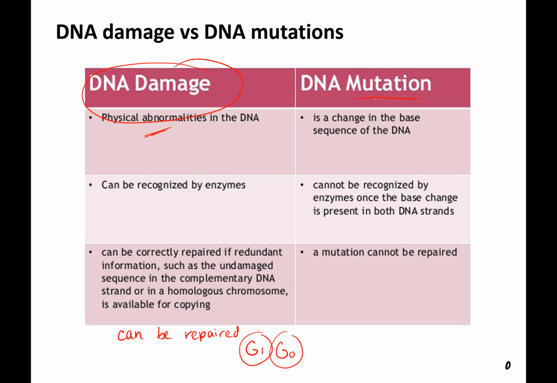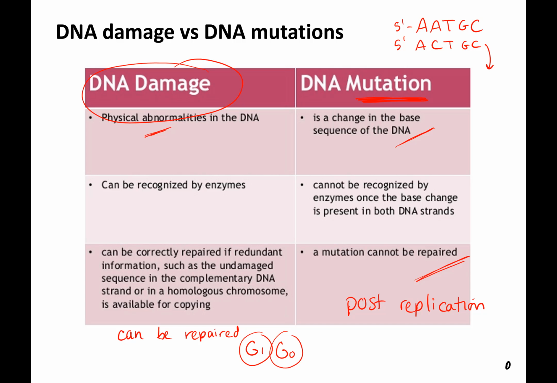When it becomes a mutation, and that's what we're going to focus on, is when you have a change in the base sequence. It cannot be repaired because this is post-replication, which means that mutation, that change, maybe you had AAATGC, and you get a mutation. I'm only writing one strand of the DNA here, TGC, and that gets replicated.